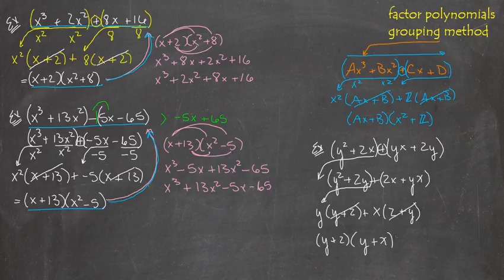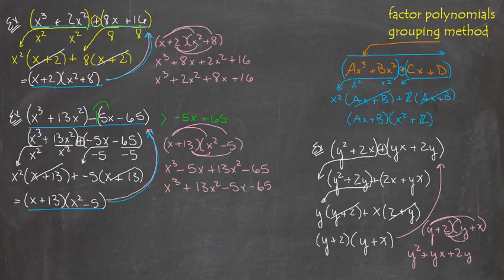And I think it's a relatively short video, so I have time to check, so I'm going to do that. So y plus 2 times y plus x. Y squared plus yx plus 2y plus 2x.